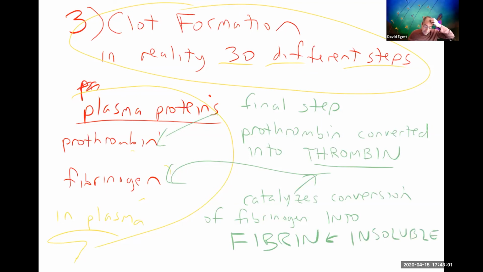This is this sticky, fibery stuff that does not stay dissolved in the plasma. And this is going to become the clot, which is kind of like a Band-Aid that forms to seal up the hole.